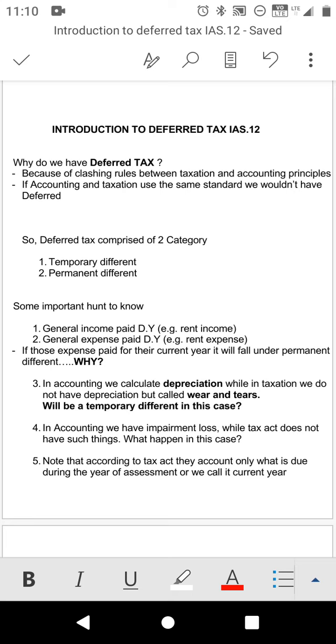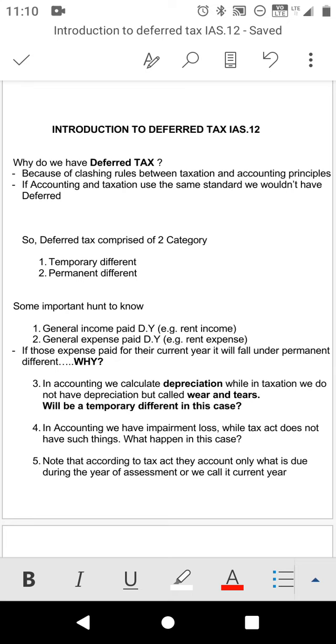Okay, let's proceed. Number 4. In accounting, we have an impairment loss, while the Tax Act does not have such a thing. If you still remember, when we are doing taxation, you will never find the word impairment. There's no such thing in taxation. They don't know anything about impairment. Impairment, we only account for it in accounting in terms of IAS 36.